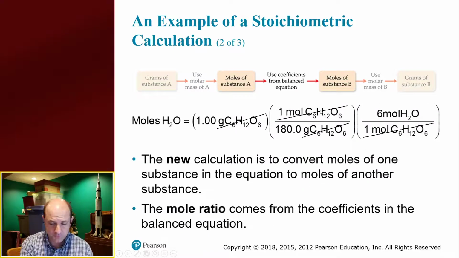And again, you see how the units cancel: mole of glucose on top, mole of glucose on bottom, so they cancel. This is why I strongly recommend, when doing stoichiometry, yes, it will take more time, but it will help keep you organized. Write out the chemical formulas so you know which one of these moles goes on bottom and which goes on top, because the last thing you want is to accidentally flip these and divide by 6 when you're supposed to multiply by 6.